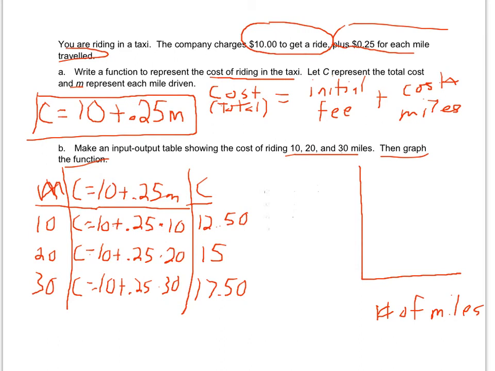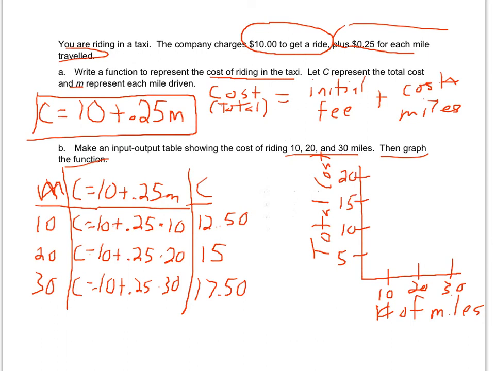Then up along the side is the total cost. That's my C value or my Y value, my output. This is 0 right here, so we'll put 10, 20, and 30. And we'll count up here by 5s: 5, 10, 15, 20.